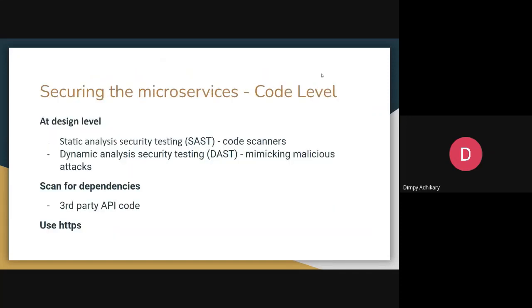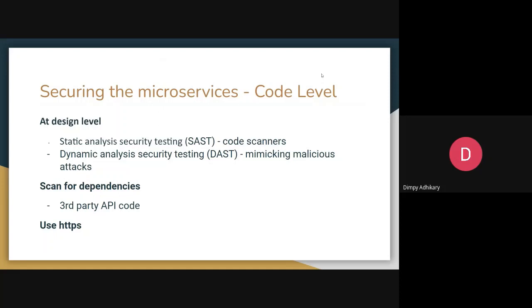So first one is the code level, your API code. There are two types of best practice we would say at design level we can consider. One is static analysis and one is dynamic analysis. Static analysis is nothing but using a code scanner.